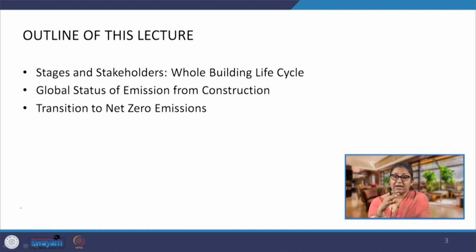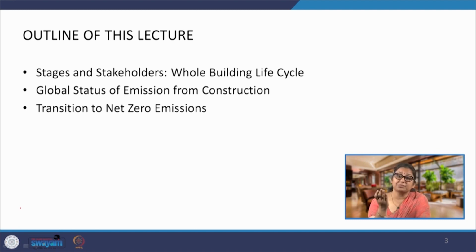So, we are looking at the whole building life cycle and who all are the stakeholders who are associated with different stages of this building life cycle. And then we are going to quickly look at the status of emission from construction and where are the possibilities for interventions for reaching a net zero emission status in case we are talking about buildings.